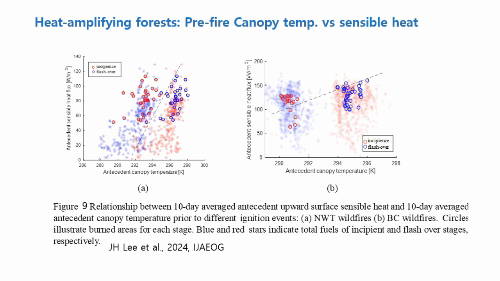Both are pre-fire estimations. So even before the combustion initiated and even before the ignitions, this kind of heat transfer and heat amplifying process has already been initiated by the land surface, by the forest itself. They are positively related.